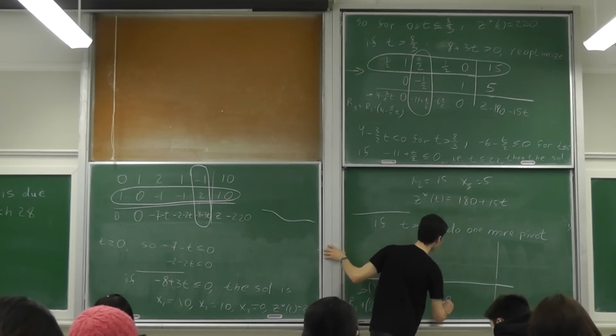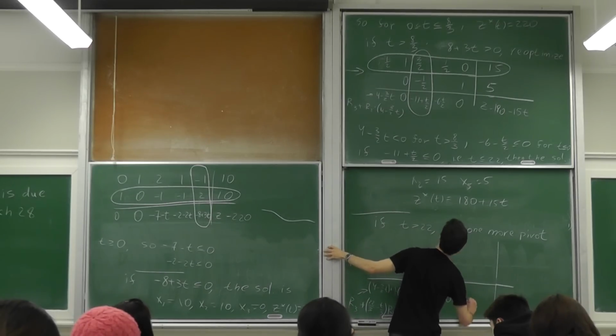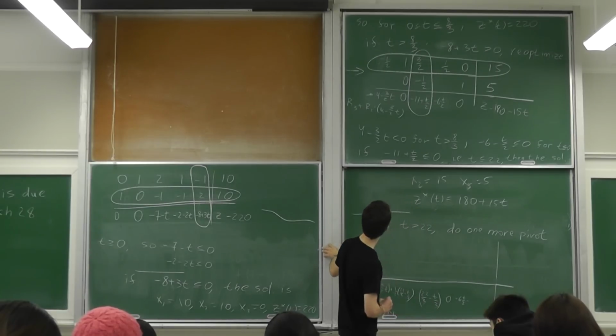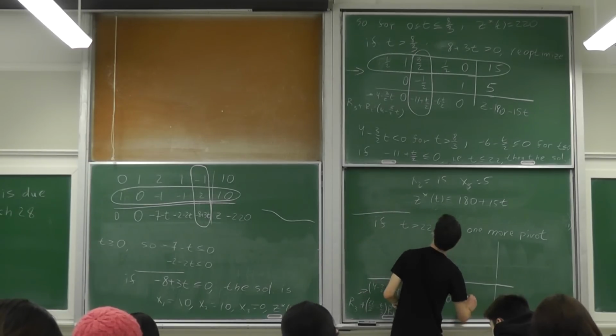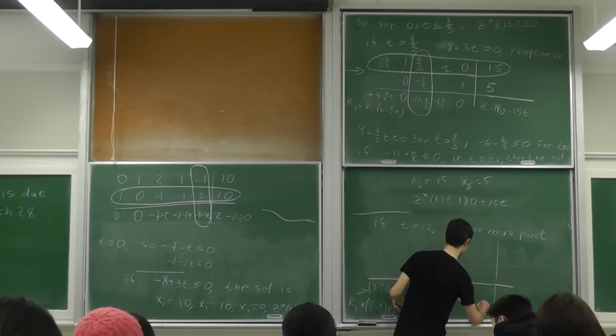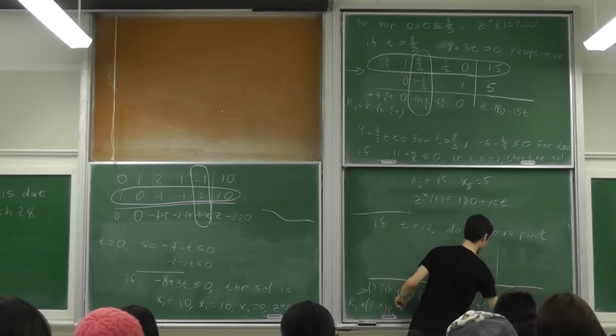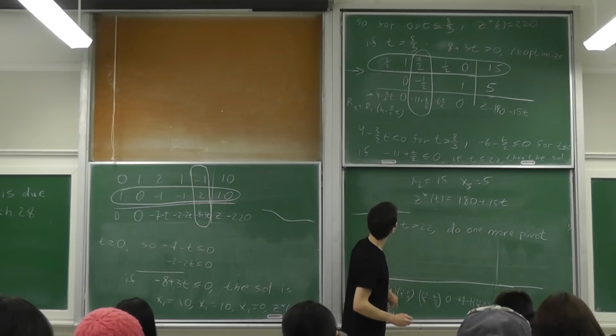Next one will be 0. Next one will be minus 6 minus t by 3 minus 1/2 times this. It's a plus 1/2 times 22 over 3 minus t over 3. And last one will be 0.